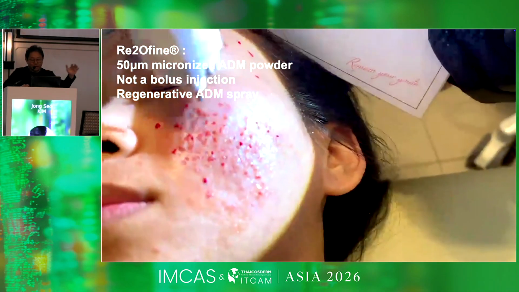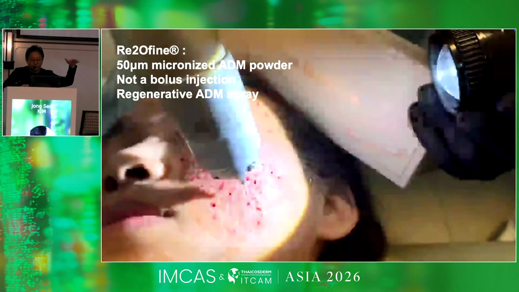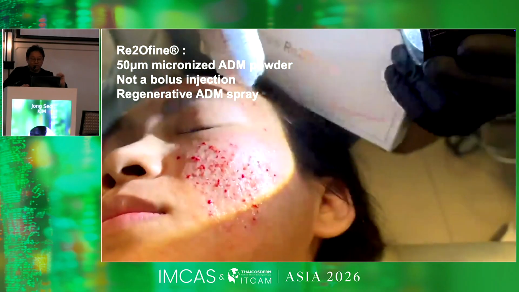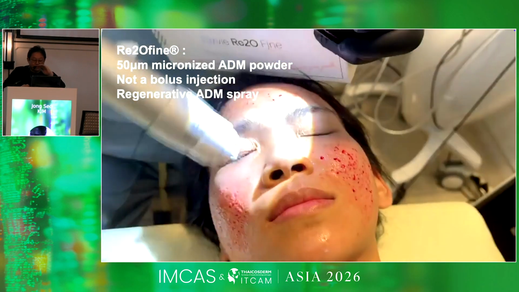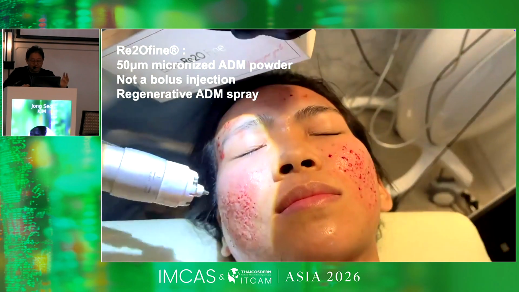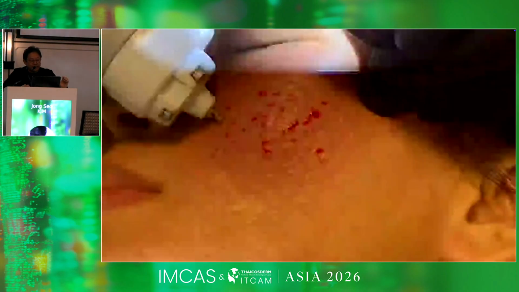The overall skin improved. Now I inject in spray mode over the whole face for the improvement of skin pores. ADM is distributed very fast, 20 shots per second over the whole face. And then I inject one by one in contact mode for the acne scar.